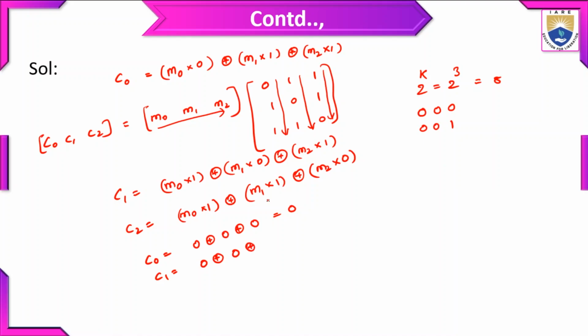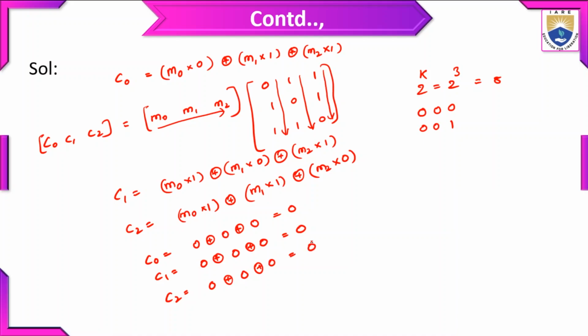XOR M2 is 0, so 0 into 1, 0. So this one also 0. Likewise C2. M0 is 0, so 0 into 1, 0. XOR M1 is 0, so 0 into 1 is 0. XOR M2 into 0, my M2 also 0, so 0 into 0 is 0.